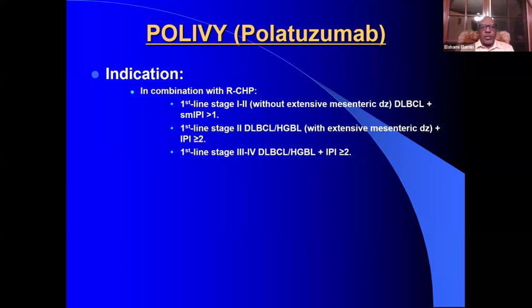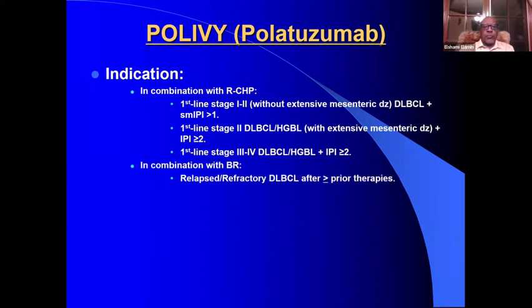Or first line stage 2 diffuse large B-cell lymphoma or high-grade lymphoma with extensive mesenteric disease with an IPI of more than 2. Or first line stage 3 or 4 diffuse large B-cell lymphoma or high-grade lymphoma with an IPI of 2 or more. So this is now the use of this drug.